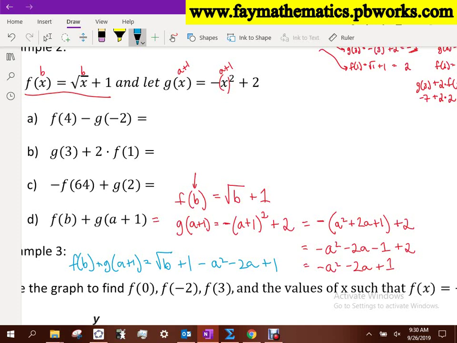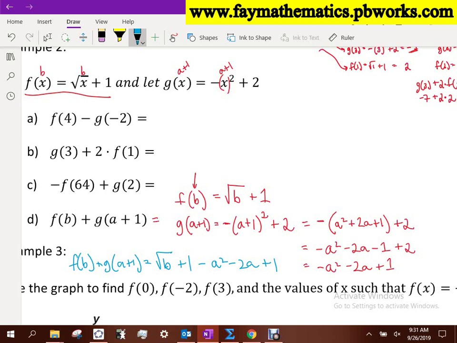So a lot of times they'll start with a very concise looking f of b plus g of a plus 1 kind of answer, and then work their way backwards. So sometimes that looks kind of messy, right? Maybe in your homework they're not that messy. Okay. Questions on that?